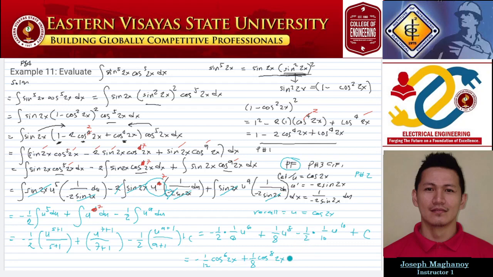Okay, so here, negative 1 half times 1/10, that is 1 over 20, cosine power of 10, 2x, plus your c, your arbitrary constant. Okay, so that is your final answer for your example number 11.